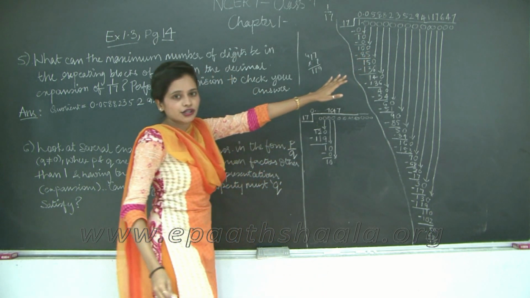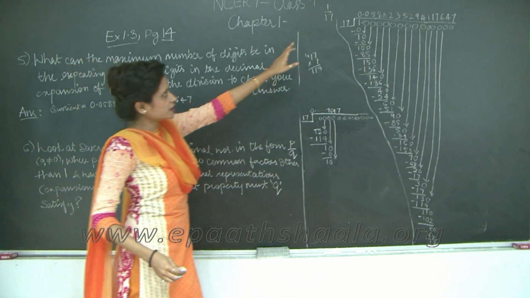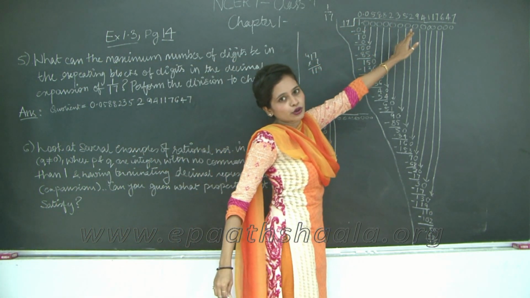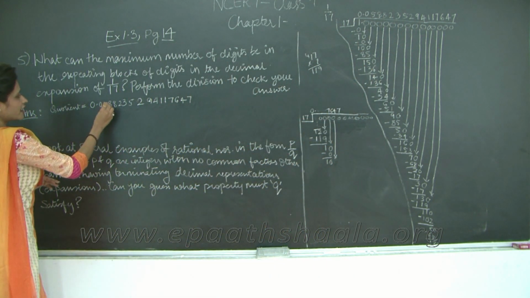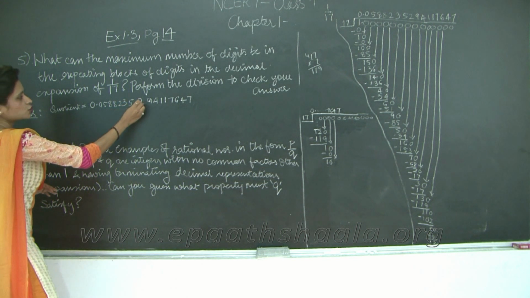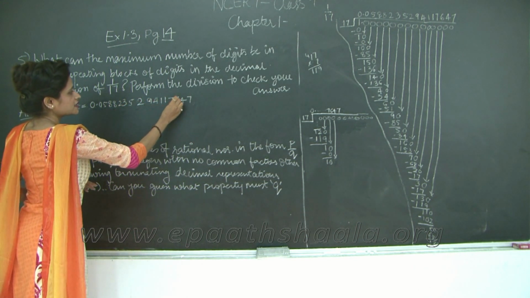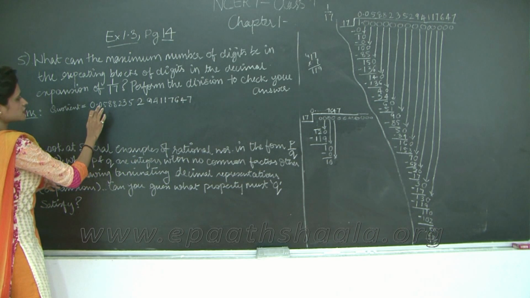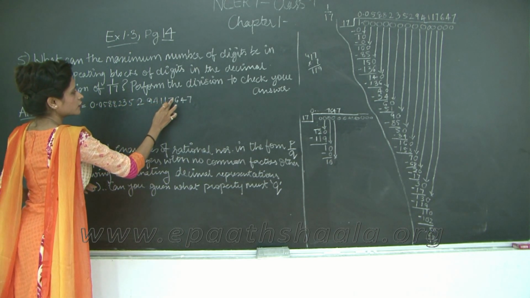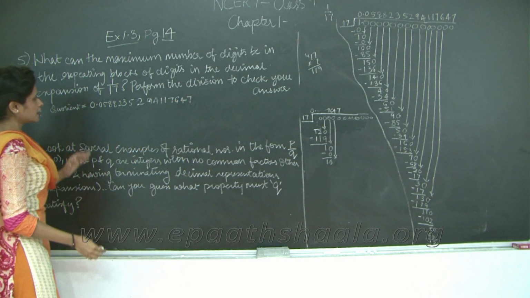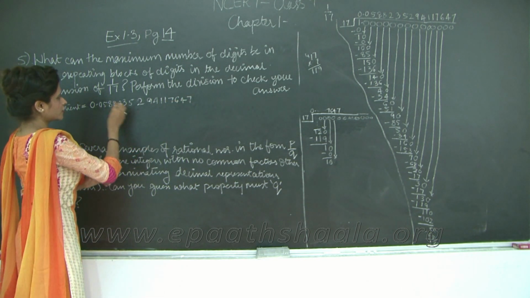I just wrote that 0 initially to mention that the entire pattern from 0 is going to repeat. So my actual quotient is 0588235294117647. This is 1, 2, 3, 4, 5, 6, 7, 8, 9, 10, 11, 12, 13, 14, 15 and 16. You will see that this entire pattern is going to repeat.